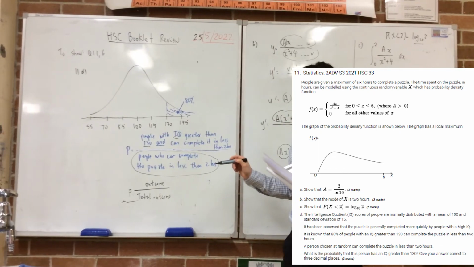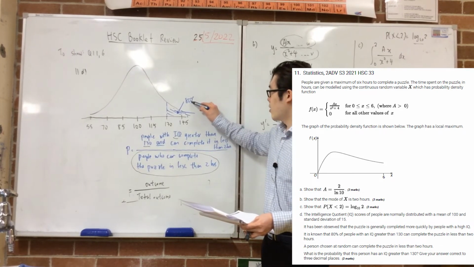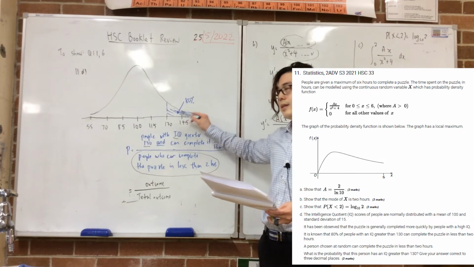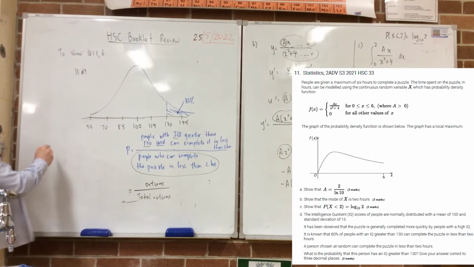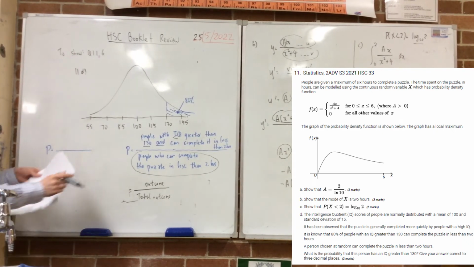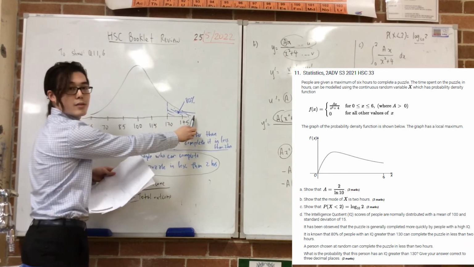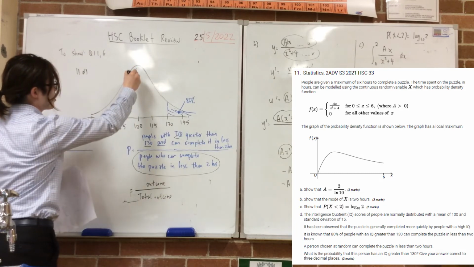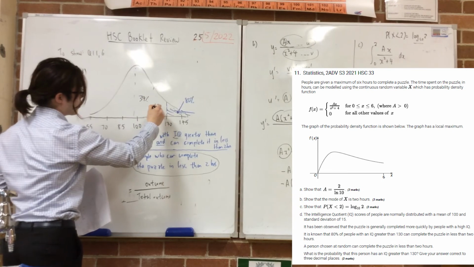Does that make sense? So, we know 80% of people greater than IQ 130 can complete it in less than 2 hours. So, here's what I need to know though. What percentage of people is that, going back to our percentages? 2.5. Yeah, 2.5.